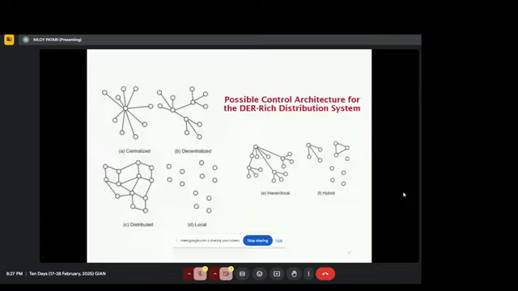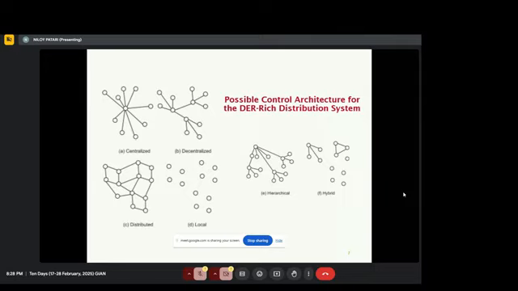So for this, you should have a dedicated communication infrastructure, right? In a centralized architecture, you should have a very extensive communication infrastructure.